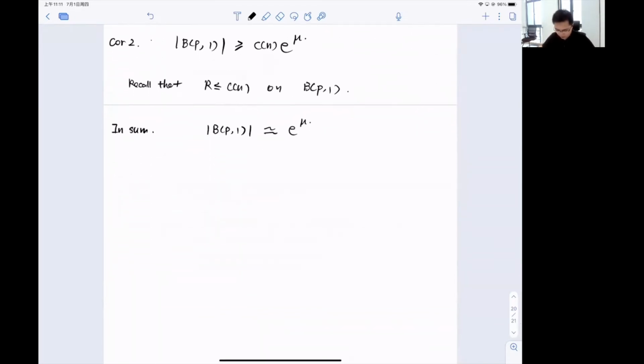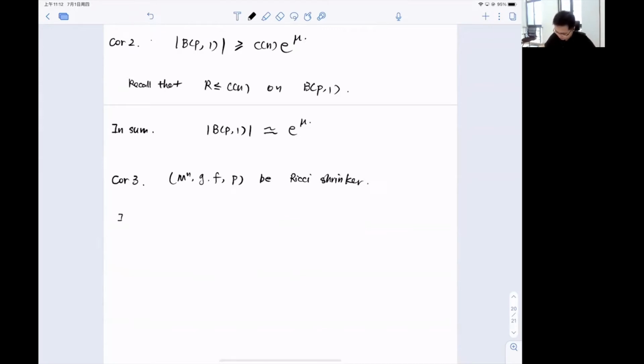Now, for the end of today's lecture, I will mention some other results for the global volume lower bound around the base point p. Here I will write this down as the third corollary. Let (M^n, g, f, p) be a Ricci shrinker, where p as before is a minimal point for our potential function f.